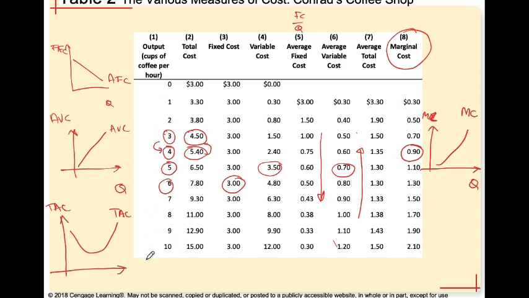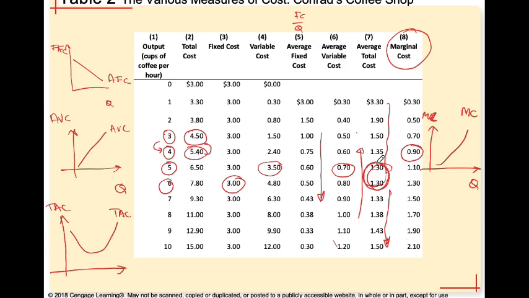You notice that as production goes up, marginal cost increases, average variable cost increases, average fixed cost decreases. However, for average variable cost, you notice that initially it starts falling to a certain point. Notice this point where 5 and 6 things are being made, and after this, the average variable cost starts to go up.